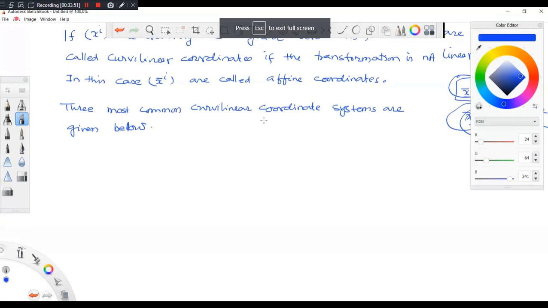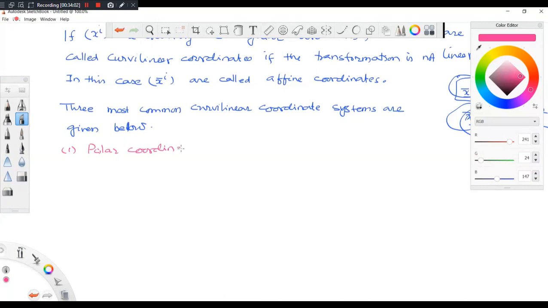Okay, three most common. The first one is the polar coordinates. So what is a polar coordinate?